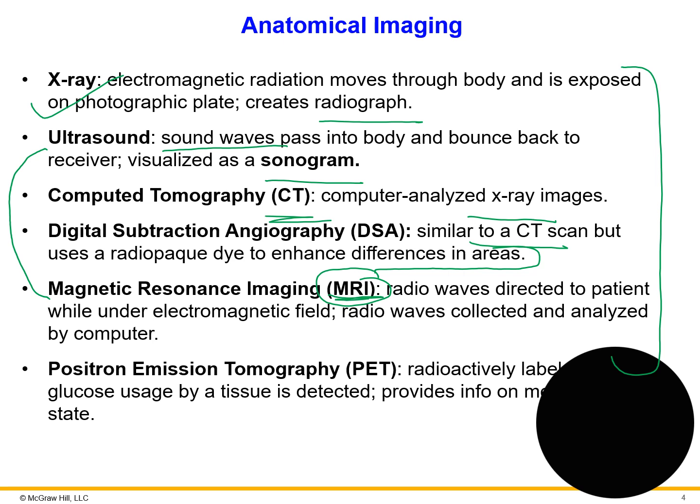They use radio waves and an electromagnetic field for a detailed image. Another one is a PET scan, which detects the metabolic state by using radioactively labeled glucose.